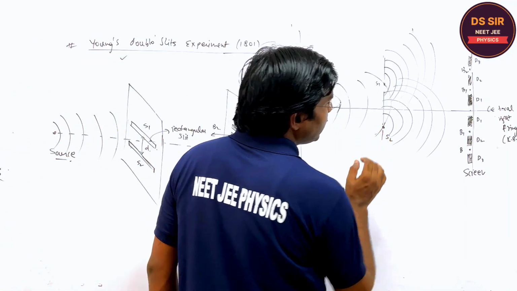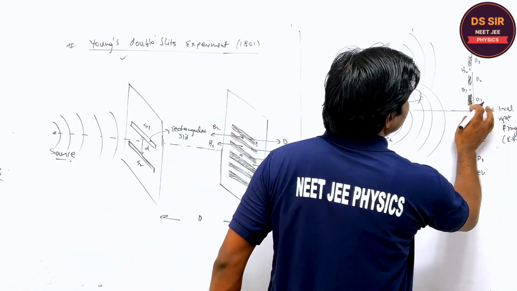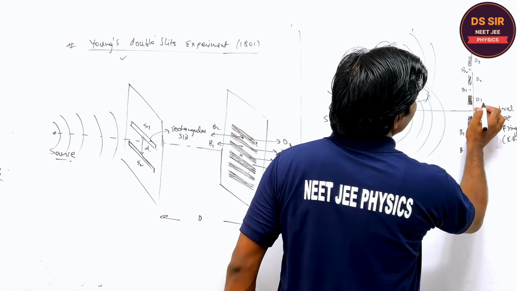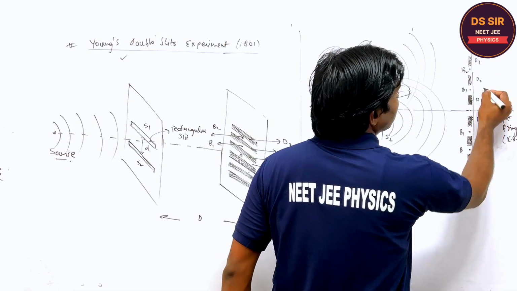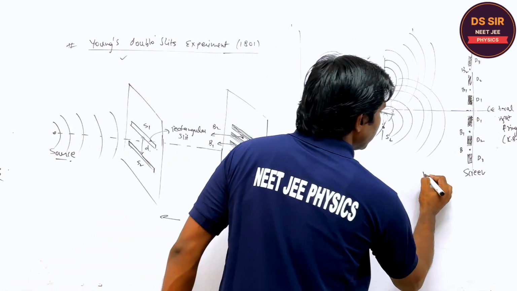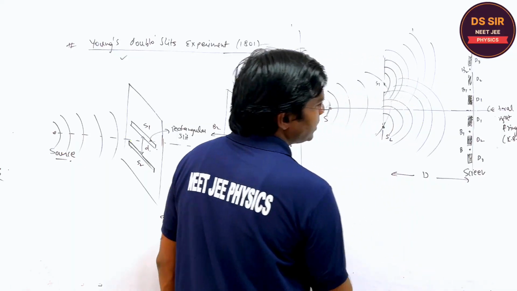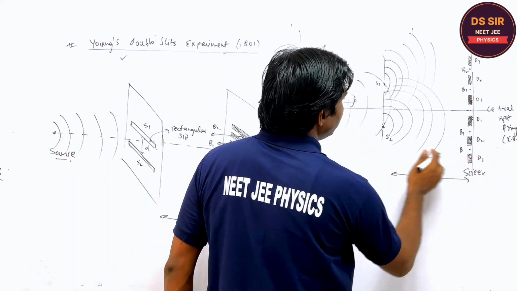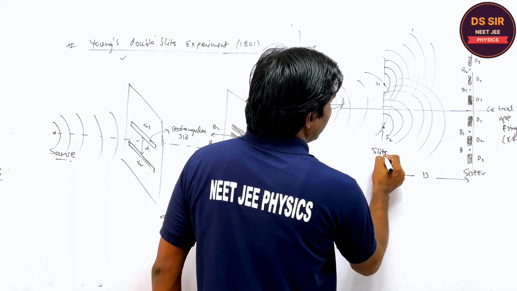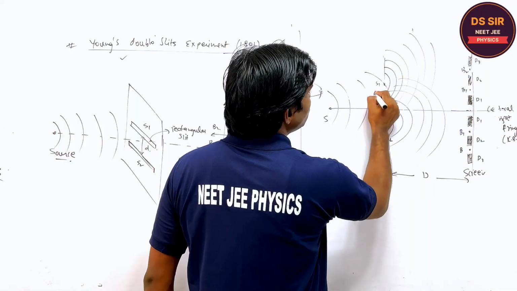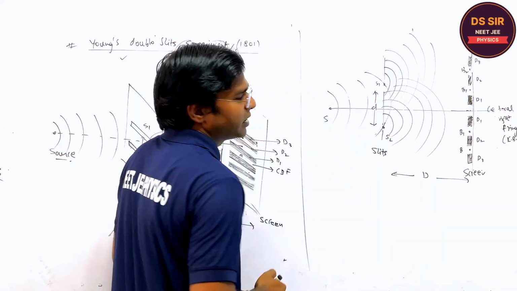Now we have to find the position of the dark and bright fringes in terms of D. This is D, the distance between the slits and the screen. These are the slits, and the distance between the two slits is small d.